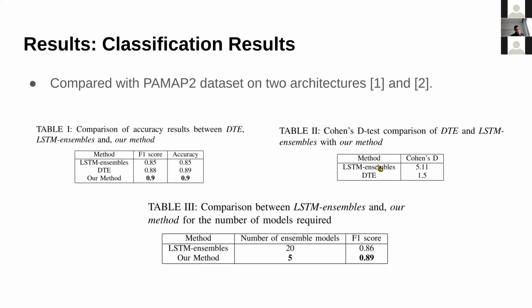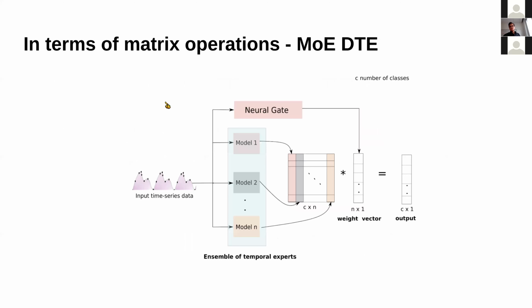In both cases, we see an effective increase in classification accuracy and F1 score on the PAMAP2 dataset. The reason we chose this dataset is that it consists of a range of different activities which are not very uniform in some sense, so there is scope for this scenario to arise.